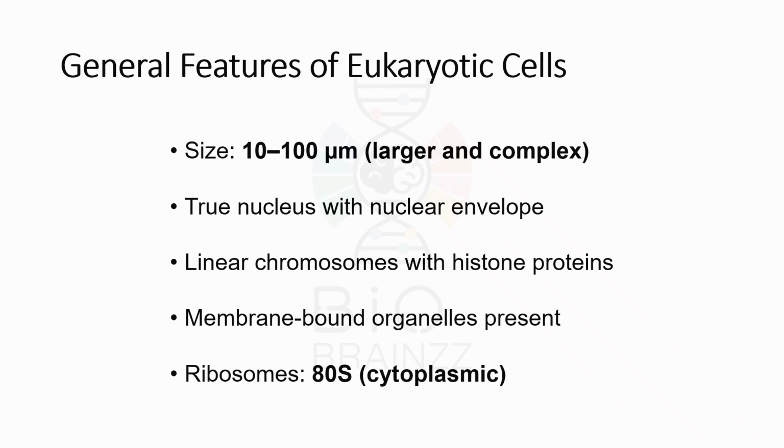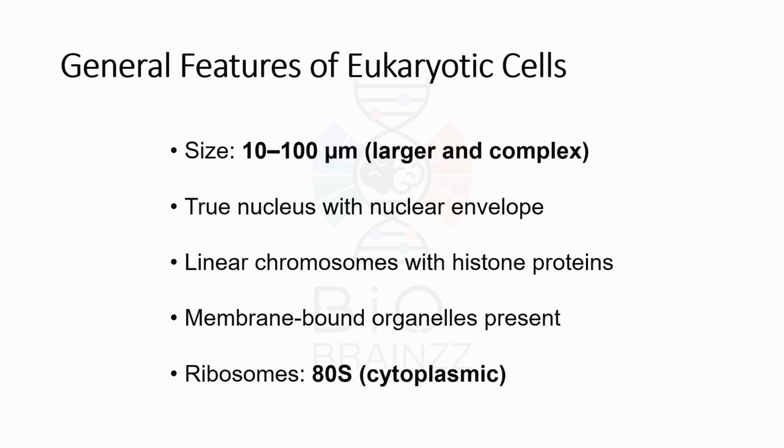General features of eukaryotic cells. Now coming to eukaryotic cells, these are larger in size, around 10 to 100 micrometers, and much more complex than prokaryotic cells. The most important feature is the presence of a true nucleus, which is surrounded by a nuclear membrane and contains linear DNA.